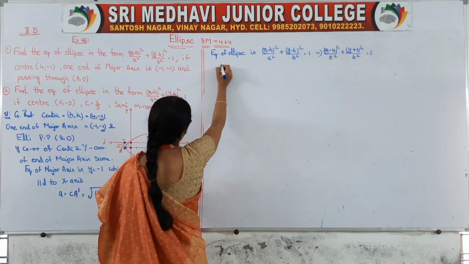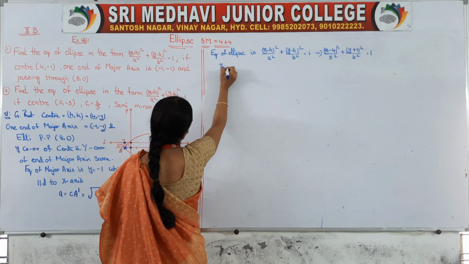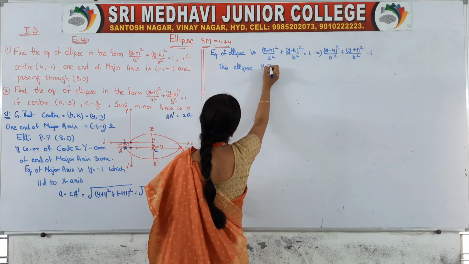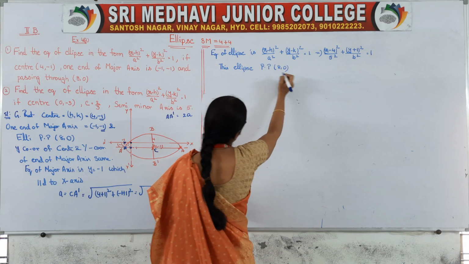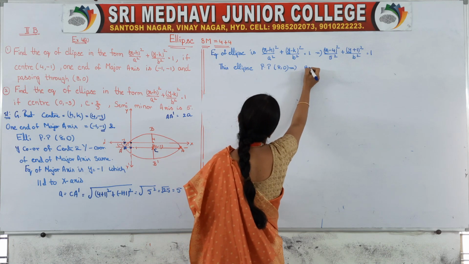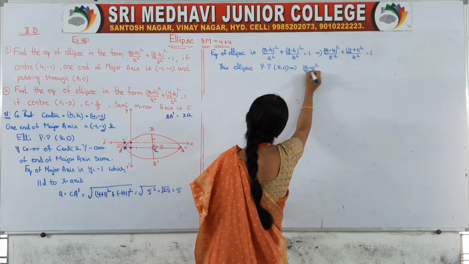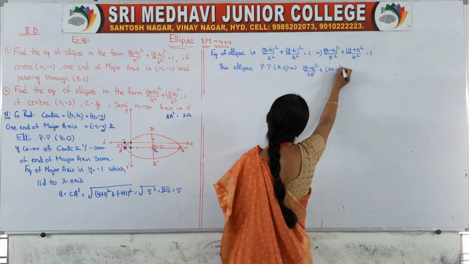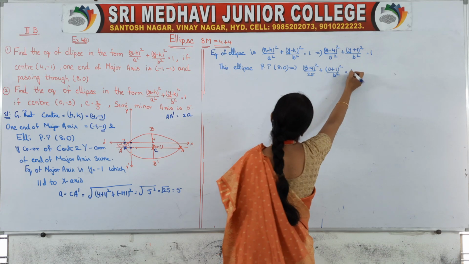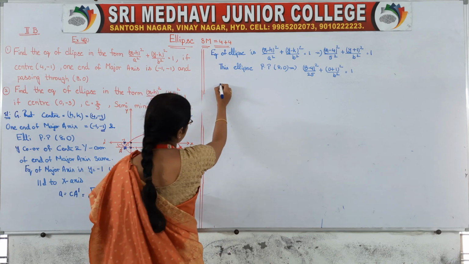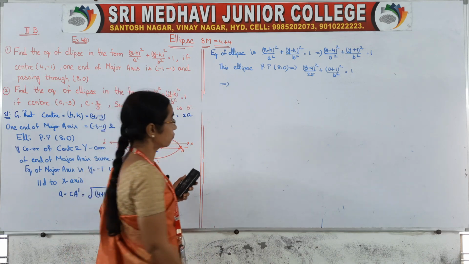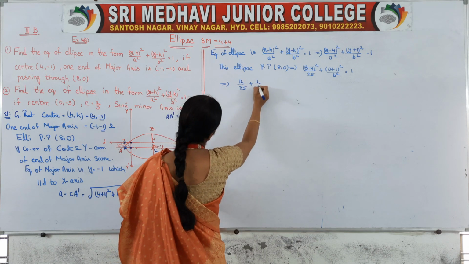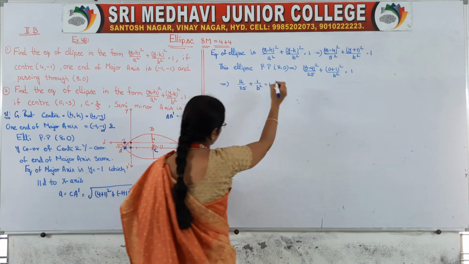This ellipse passes through which point? It passes through 8 comma 0. So it implies 8 minus 4 whole square by 25 plus 0 plus 1 whole square by b square is equal to 1. 8 minus 4 is 4. 4 square means 16 by 25 plus 1 by b square is equal to 1.